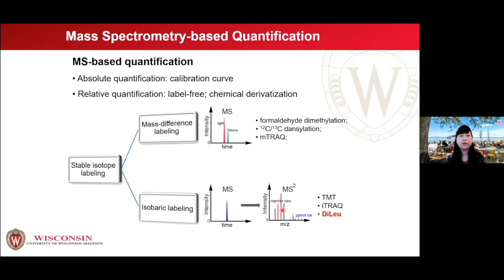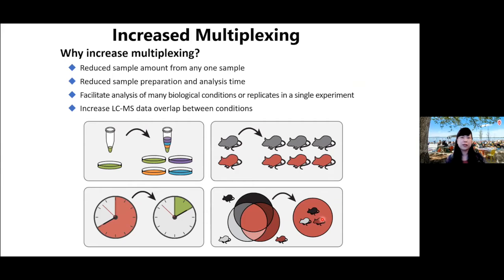There are two very successful commercial products, such as TMT and iTRAQ. Our lab has been spending quite a bit of effort to develop a cost-effective alternative focused on dimethylated leucine, or dimethylated amino acids, which will be the focus of today's talk.